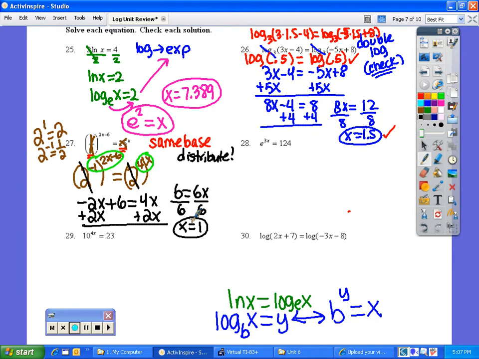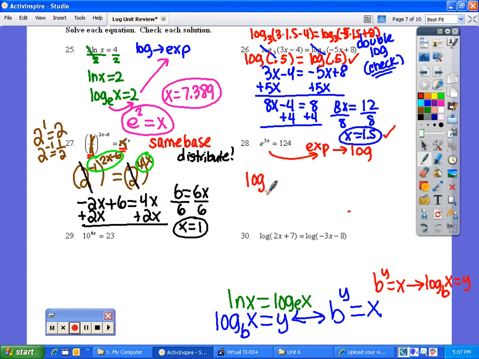Alright, next one is an exponential. So you're actually going to go from exponential to log. So you're going to be using this one but working backwards. So the e is already isolated, there's nothing around, so I'm going to go right to this.